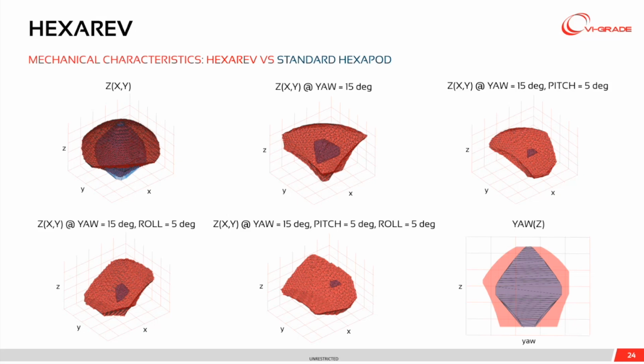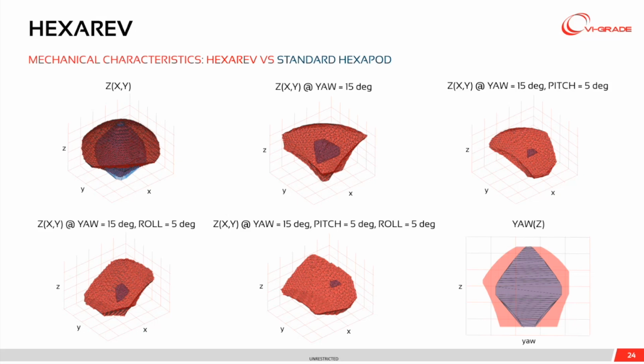performing Z travel, vertical travel, combined with lateral and longitudinal. And you can see that it is much wider compared to the blue one. This difference is even larger if you move to the center picture, where you have a combined Z travel with a fixed yaw movement of 15 degrees.